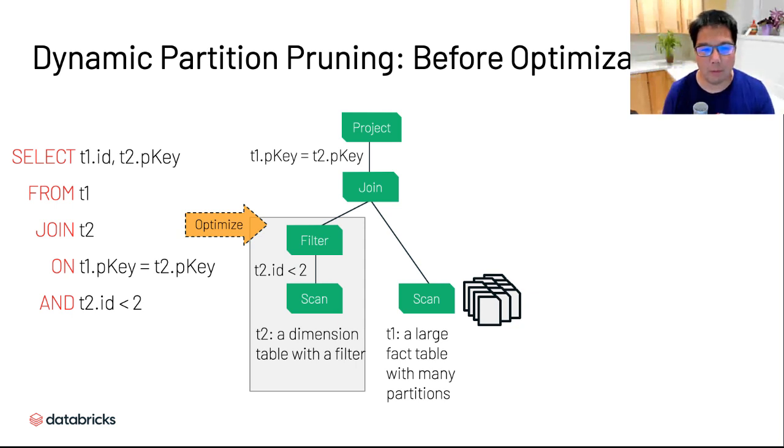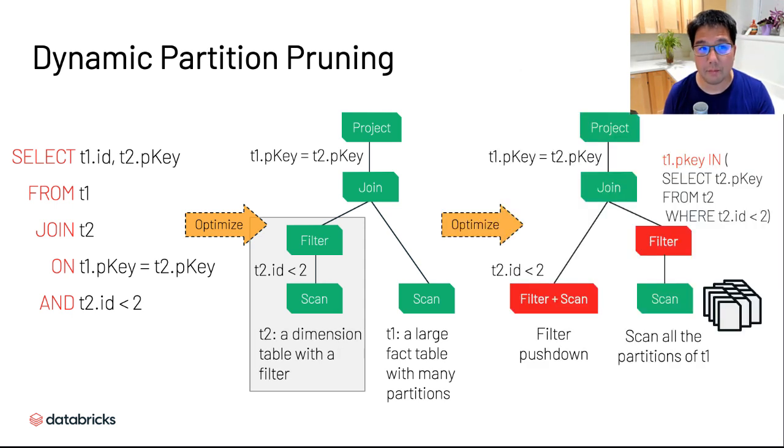So the whole context here is that with dynamic partition pruning, Spark prunes the partitions in fact table 1 by identifying the necessary partitions that result from filtering dimension table 2. Notice how the join statement here involves fact table 1 and dimension table 2 joined by P key, but the filtering of table 2 is by ID.